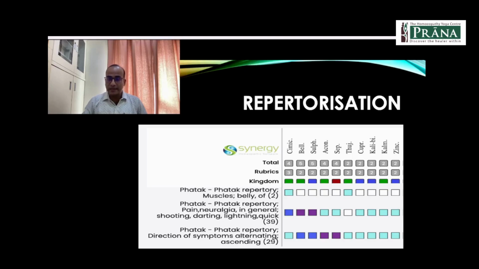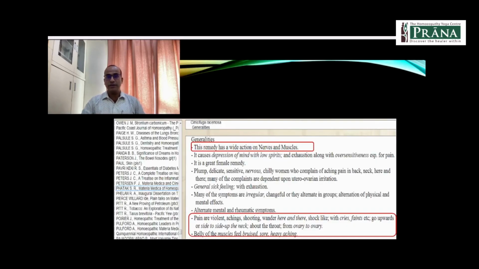So I tried to read Cimicifuga from the Materia Medica, Phatak's Materia Medica. The very first line of Phatak is very interesting, so listen and read very carefully: the remedy has a wide action on nerves and muscles. That is why we are getting shooting, darting, electric shock like pain.